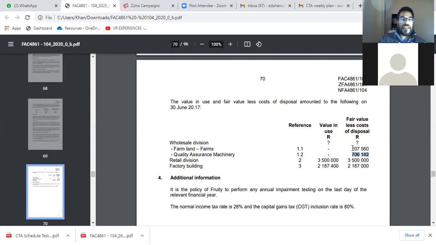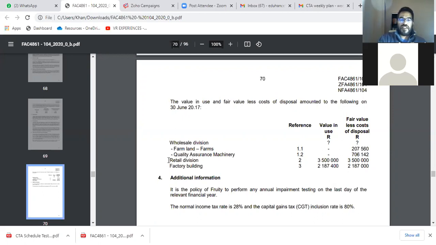What the standard then tells you, and we will go through all of these steps again, is that once you have a carrying amount after impairment, you need to compare it to the individual asset's recoverable amount. Remember, the individual asset's recoverable amount is the higher of value in use and fair value less cost of disposal.